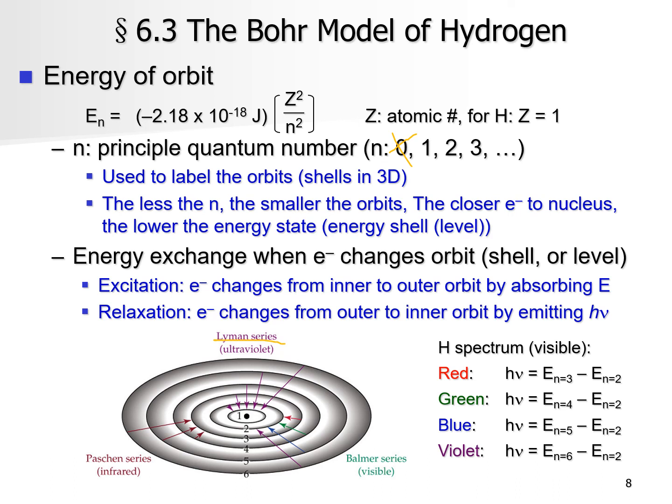This is where we see all the electrons from various states falling back to the first orbit. Since they release so much energy, it is in the ultraviolet region. And later on, Lyman discovered those sets of lines.